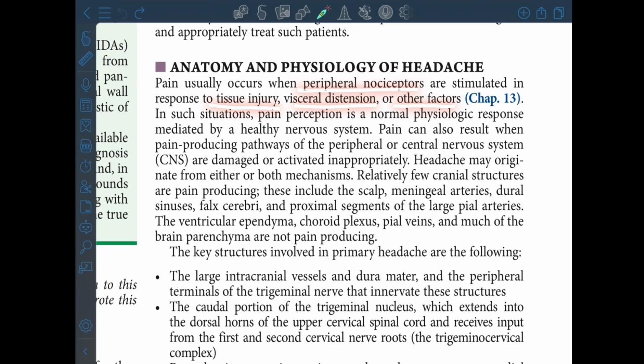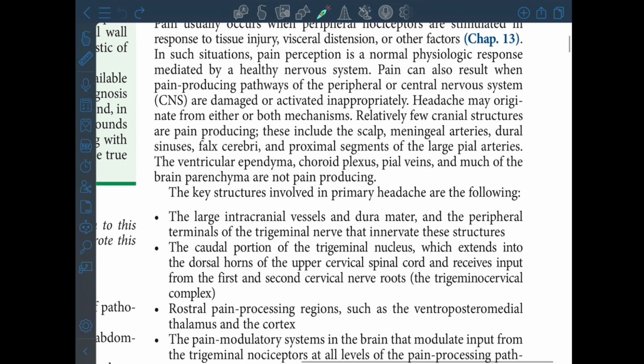In such situations, pain perception is a normal physiologic response mediated by a healthy nervous system. Pain can also result when pain-producing pathways of the peripheral or central nervous system are damaged or activated inappropriately. Headache may originate from either or both mechanisms.